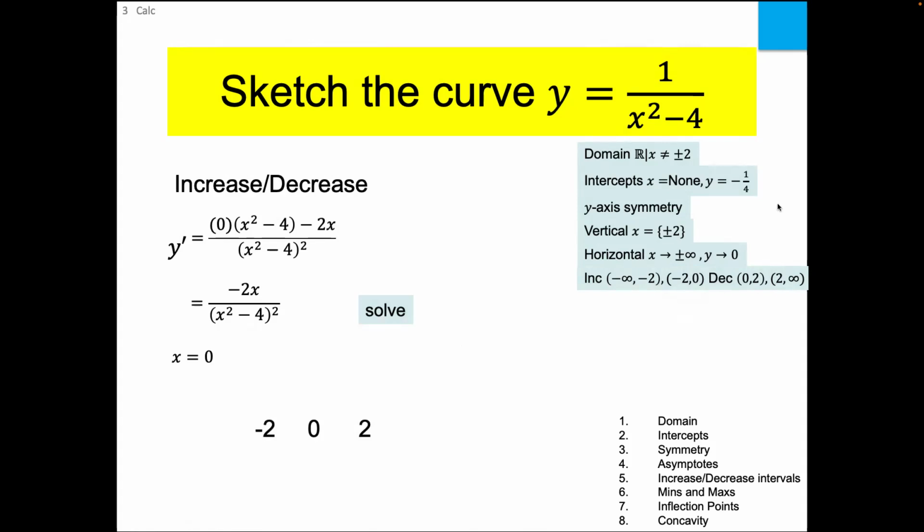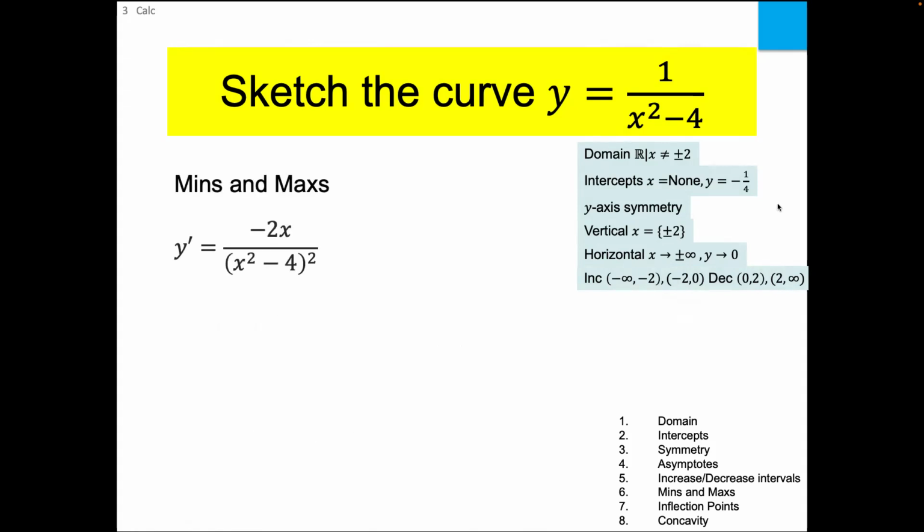Okay. Abby? In order to find the min and max, we need to find the first derivative, which we already found right here. So we already solved and we got 0. And now we take the fact that the min and the max happens at 0, along with our statement about increasing and decreasing, and use some common sense.